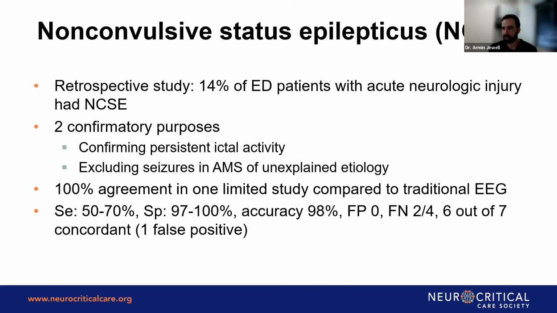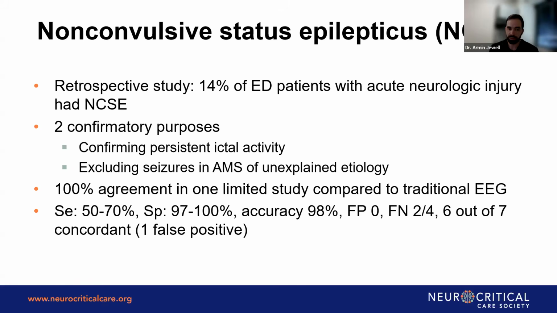If there's an acute neurologic injury, one, if there is a high suspicion for seizures, then you can use it to confirm that there are truly continued seizures, or in a lot of cases, similarly to the case that I just presented, excluding seizures in an altered mental status situation with unknown reasons, particularly higher in patients with an old or prior neurologic injury.